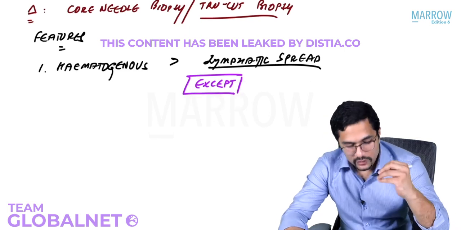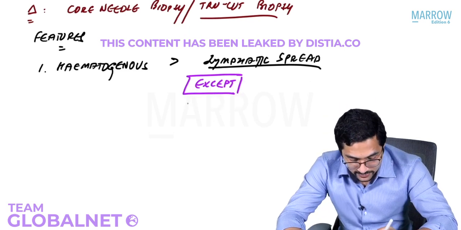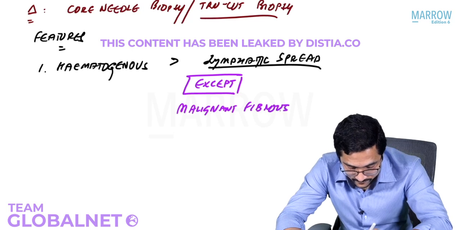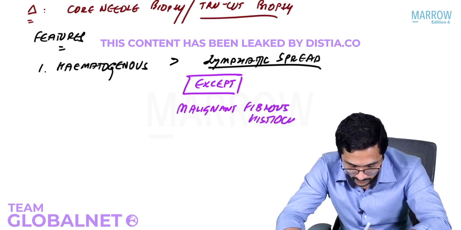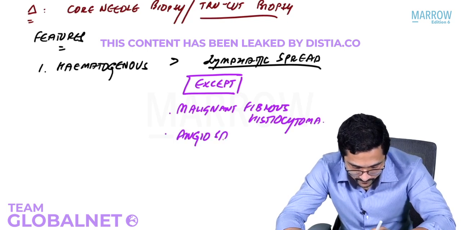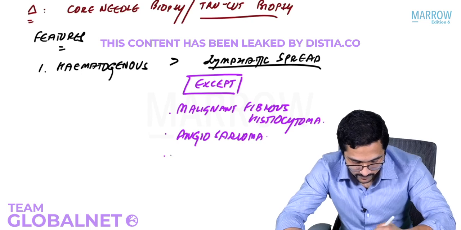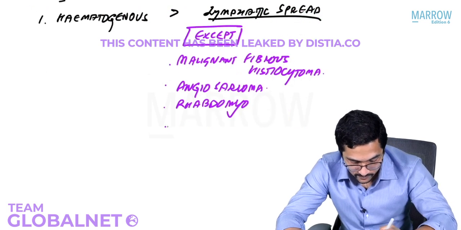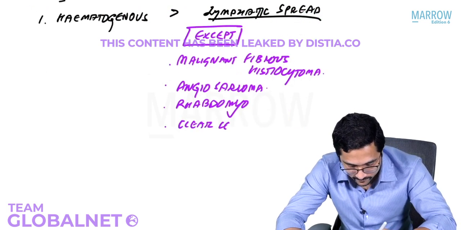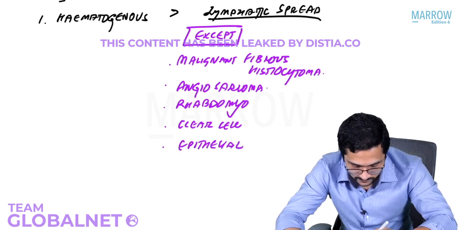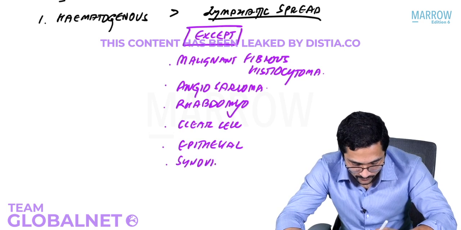there are certain soft tissue sarcomas where lymphatic spread can occur, and these are malignant fibrous histiocytoma, angiosarcoma, rhabdomyosarcoma, clear cell sarcoma, epithelial sarcoma, and synovial sarcoma.